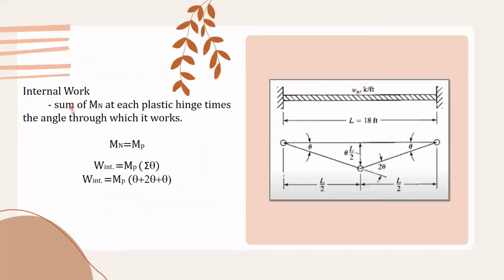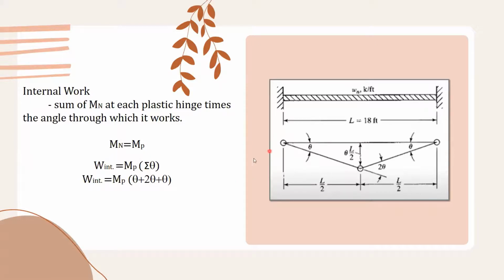So, internal work is the sum of M sub N at each plastic hinge times the angle through which it works. So, yung M sub N natin is equals to M sub P or the plastic moment. So, dito, ang ilalagay lang natin na angle is kung saan may plastic hinge.